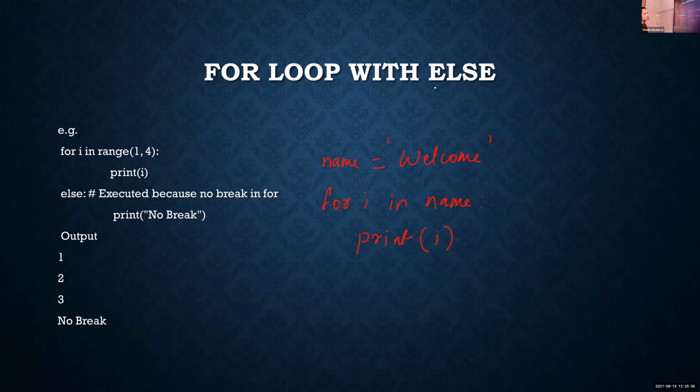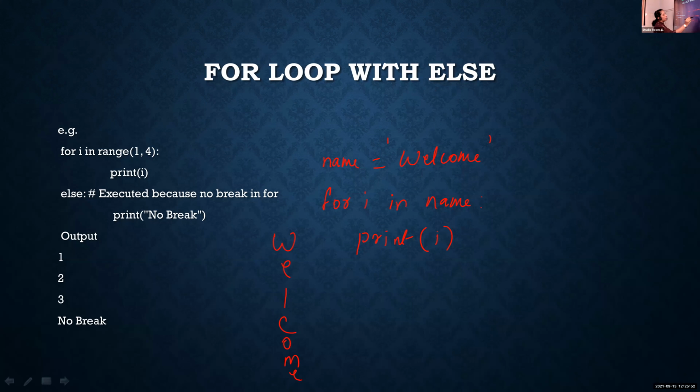The first output is W, then next line E, L, C, O, M, E. Correct, Anaga. The first output is W. After that, E, then L, then C, O, M, E.